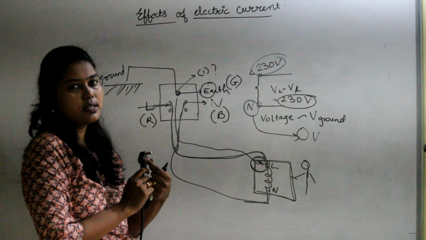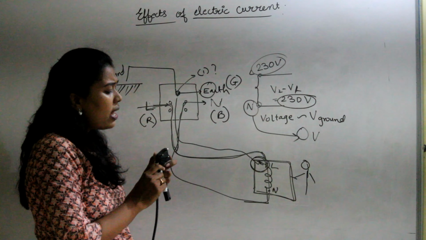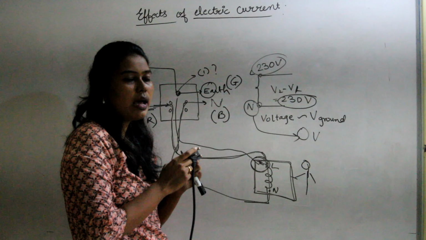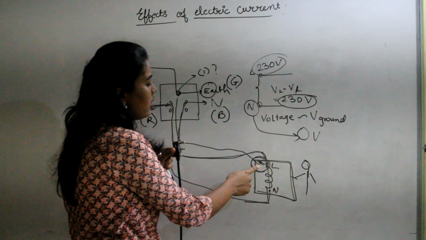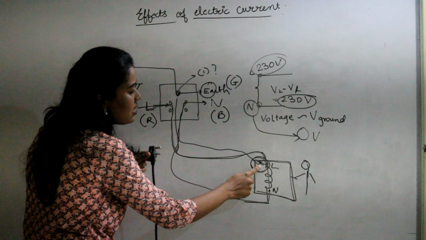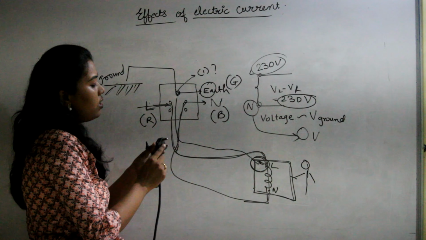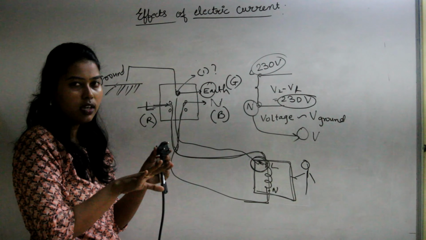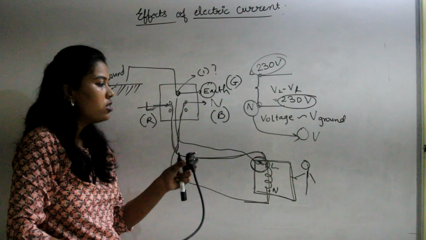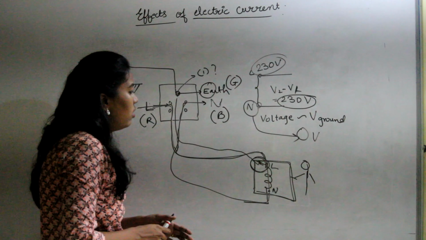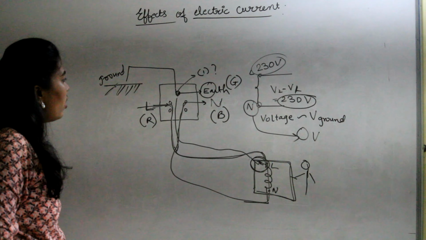As this pin is longer, first the casing of the equipment will get connected to the ground, and after that the live and the neutral connections will be given to the equipment. So this is the basic flow of current.